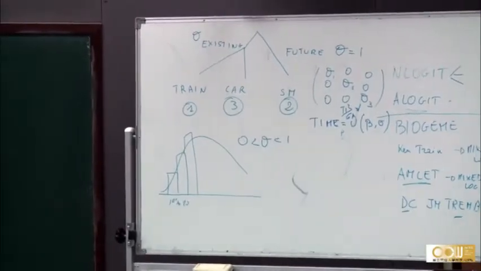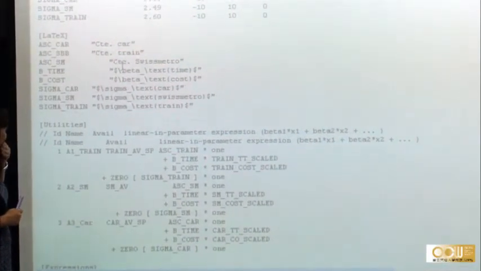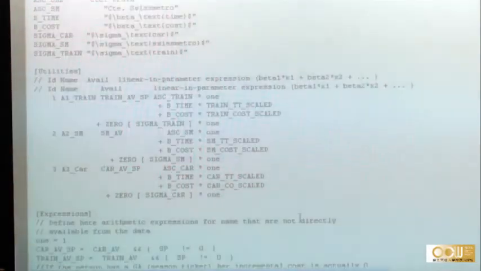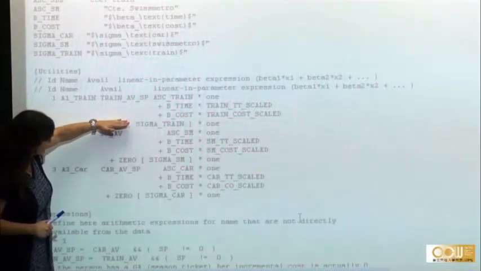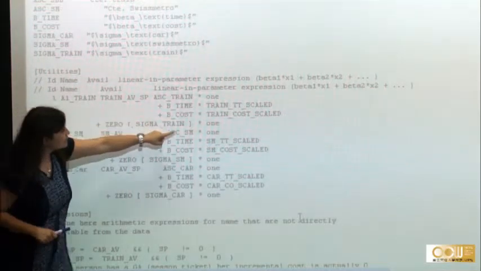Sigma car, sigma Swiss metro, and sigma train, and it gives, like you see that yes, this sigma here in each alternative multiplied by 1.